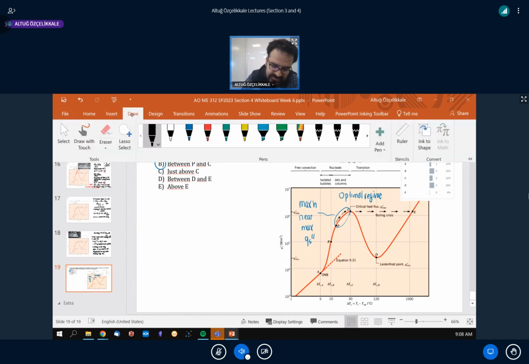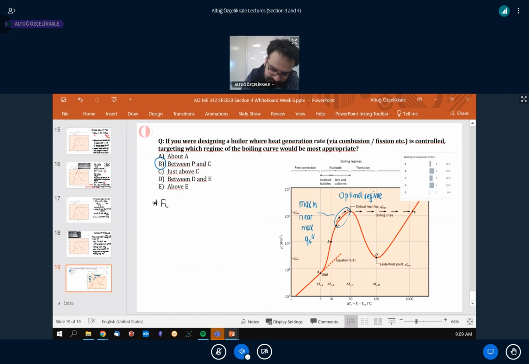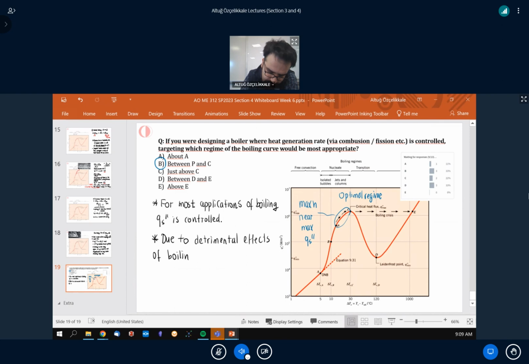Let me briefly write down what I discussed. And this boiling crisis, meaning this excessive jump in temperature when you increase the heat flux above the critical heat flux, has detrimental effects on system integrity, meaning that things are going to melt away, right?